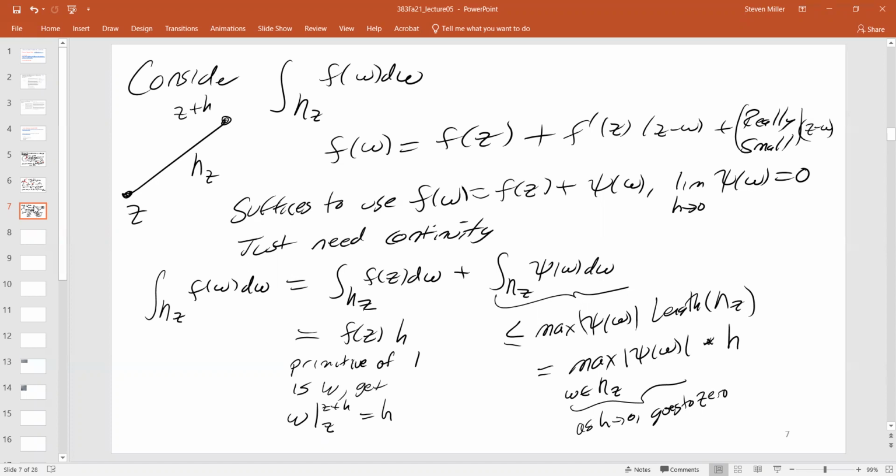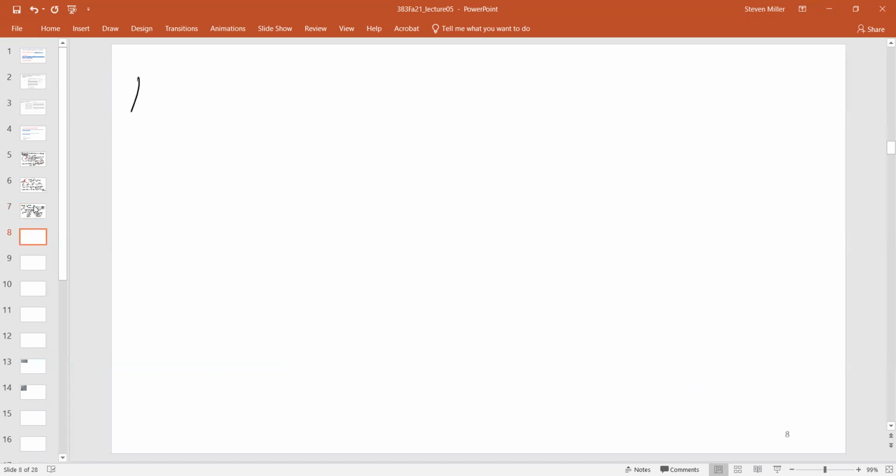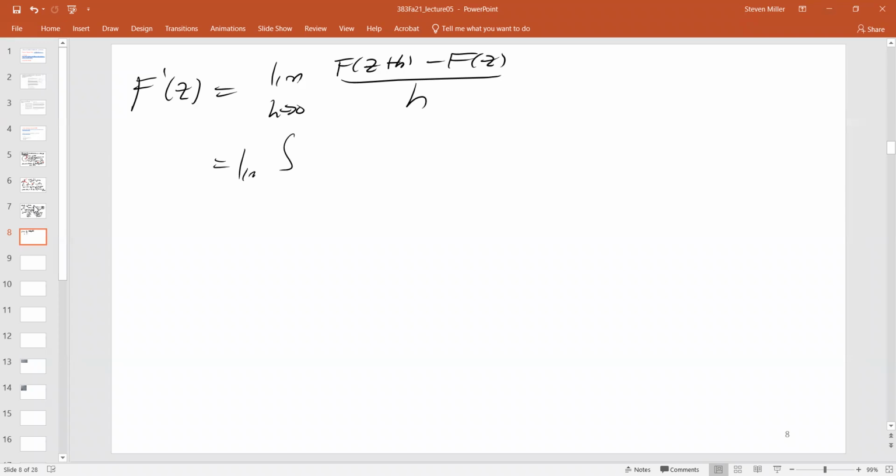So putting the pieces together, we have big F prime of z is the limit as h goes to 0 of big F of z plus h minus big F of z over h. This is equal to the limit as h goes to 0 of the integral over the curve eta of z of f of w dw over h.